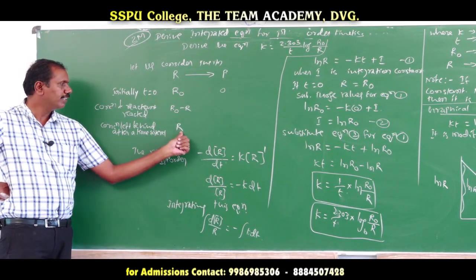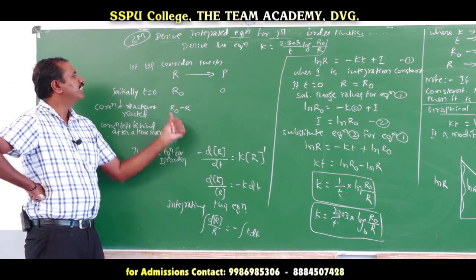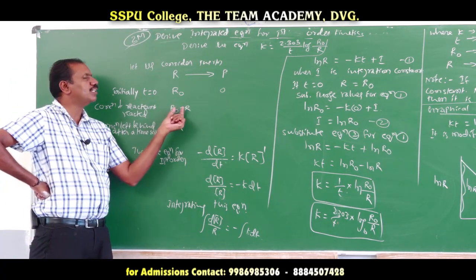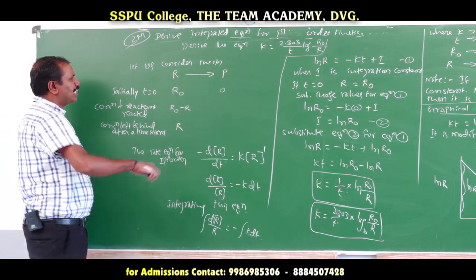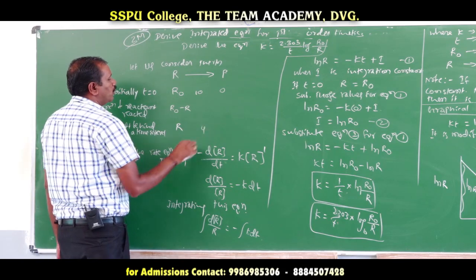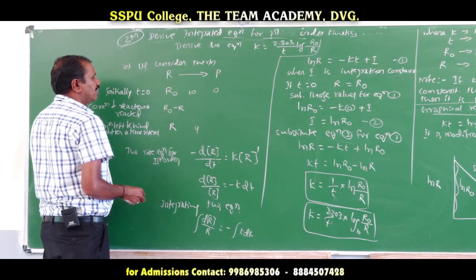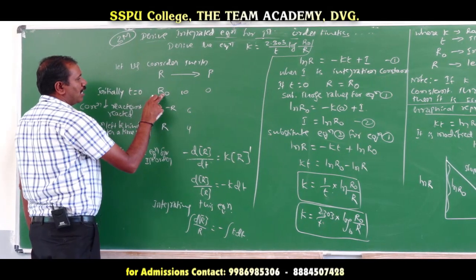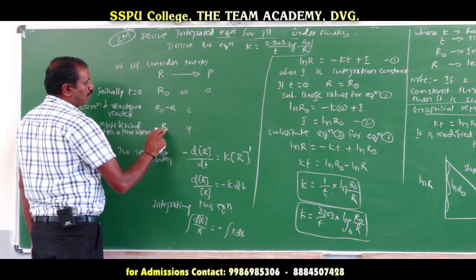If the left behind is R and the initial concentration is R naught, then the reacted amount is R naught minus R. For example, initially there are 10 moles, and 4 moles are left behind, which means the reacted is 6. 6 is nothing but R naught 10 minus R 4.